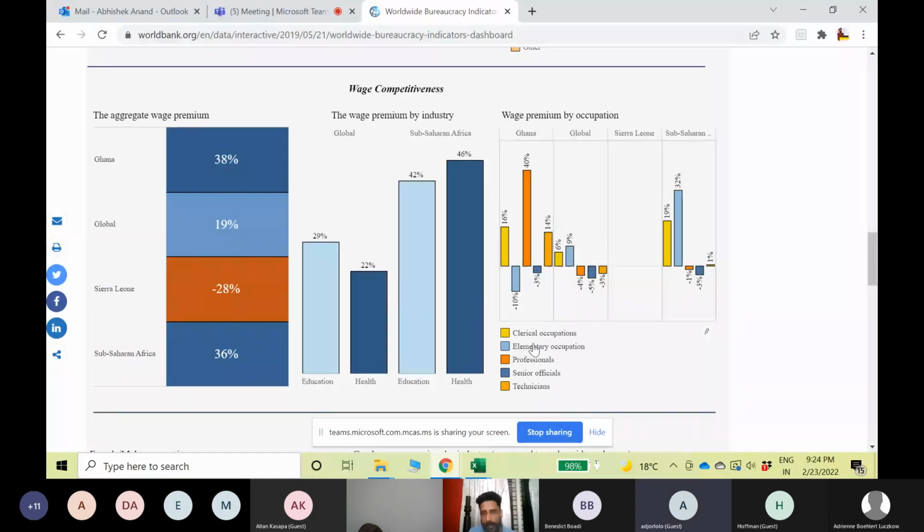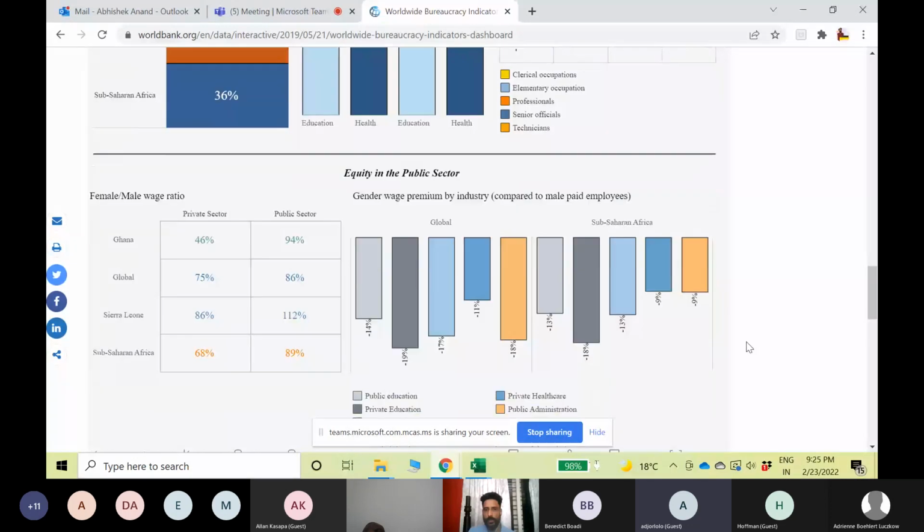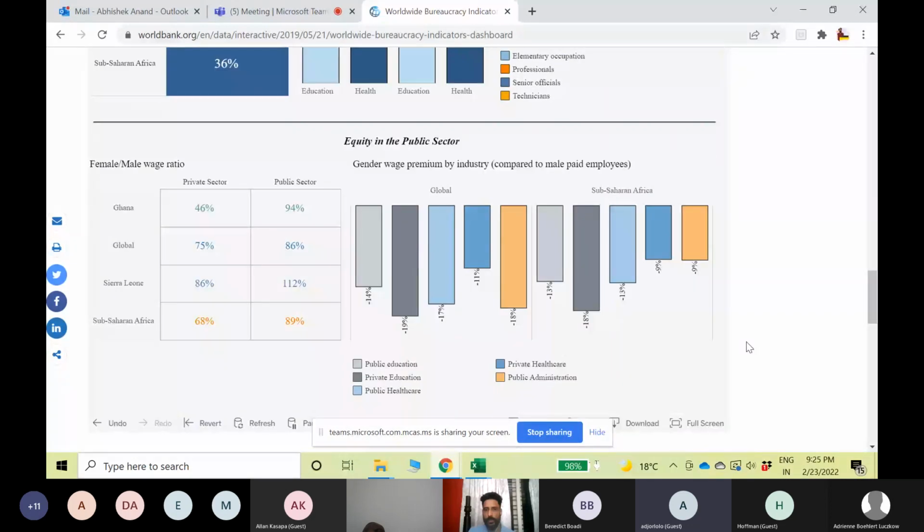But at some other levels, that is not true. In fact, the private sector pays you more. For example, senior officials, the private sector pays you more. Also elementary occupations, where you do slightly more work than clerical, tend to get more pay in the private sector. But your question was specific to gender. Do we have this sort of classification?